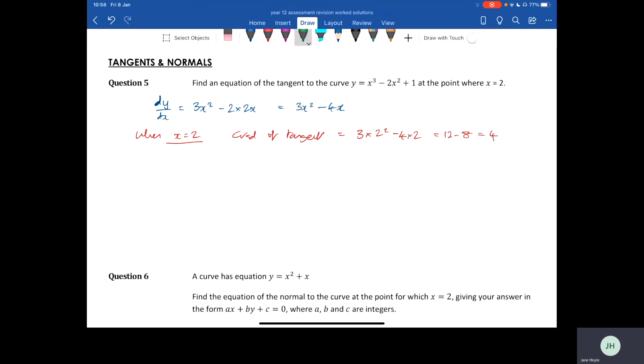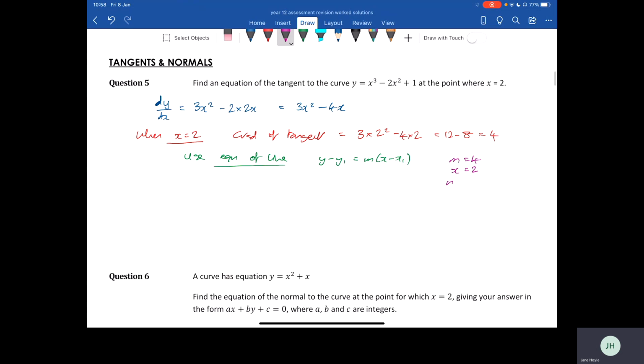We know that we're going to be using the equation of a straight line, which is y minus y1 is equal to m, x minus x1. And we've already worked out that m, the gradient just above, is 4. I know that x is equal to 2. Of course, what we need to do is find y.